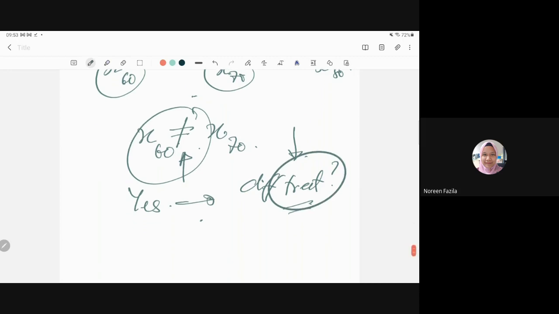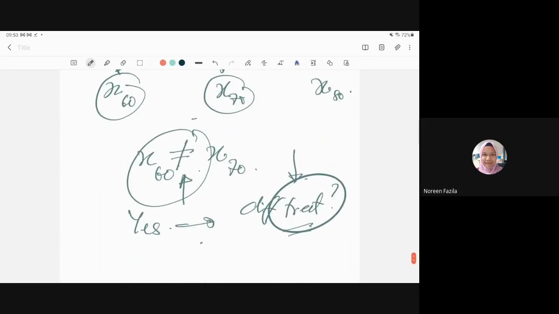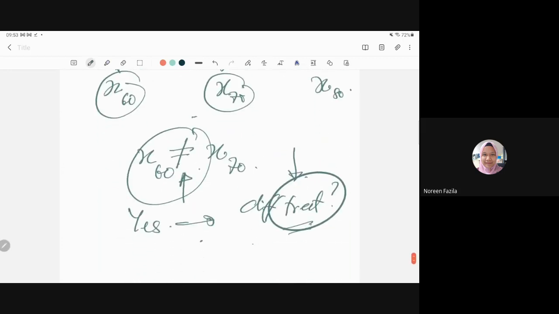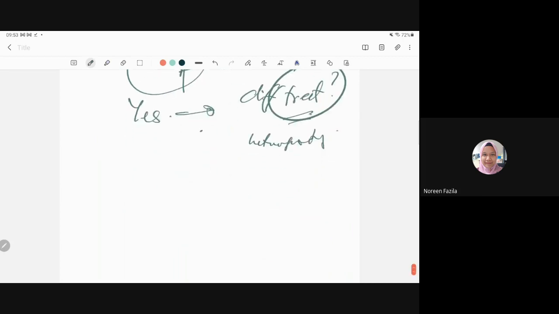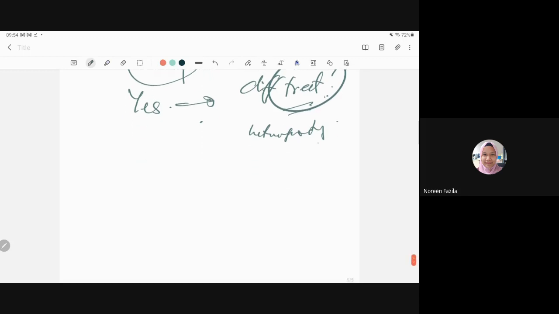But it may also be because of heterogeneity. So how do we determine whether a different result is because of the treatment or because of the heterogeneity? That is why we have to do statistics.